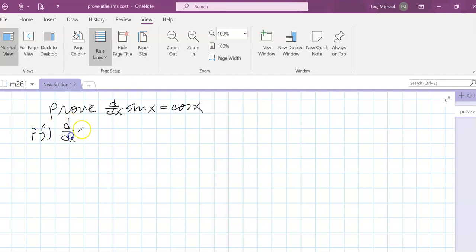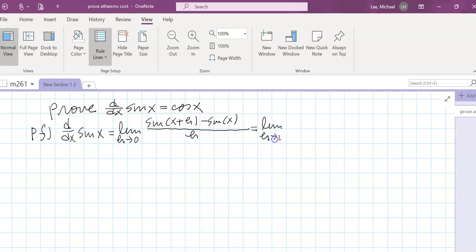The derivative of sine x is the limit as h approaches 0 of sine of x plus h minus sine x, right? Now you're going to use the sum of angles formula for sine.